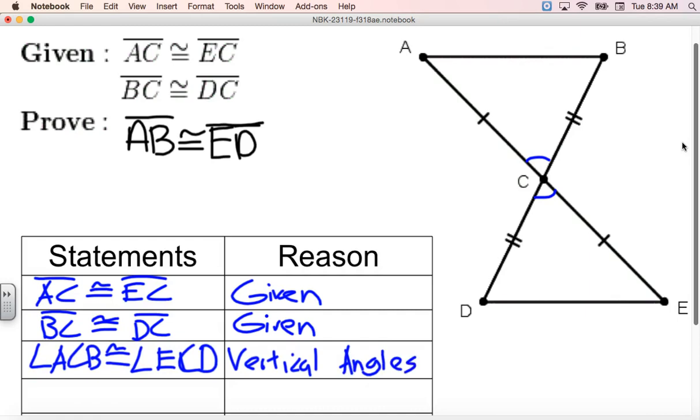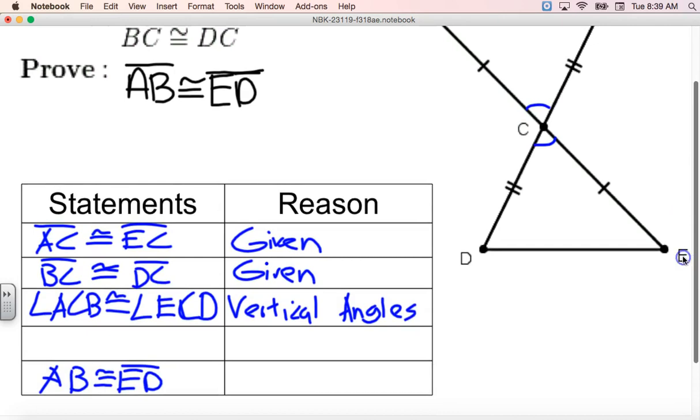Now we've got side, angle, side again, just like the last problem. So we can say triangle ACB is congruent to triangle ECD because of side, angle, side.